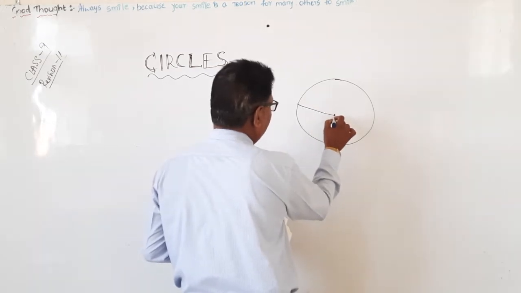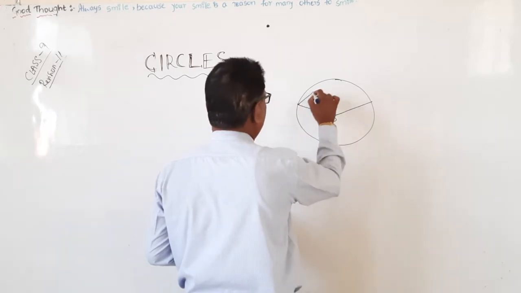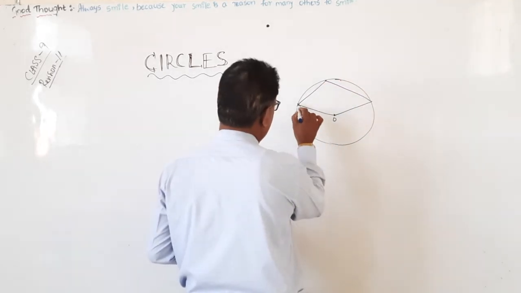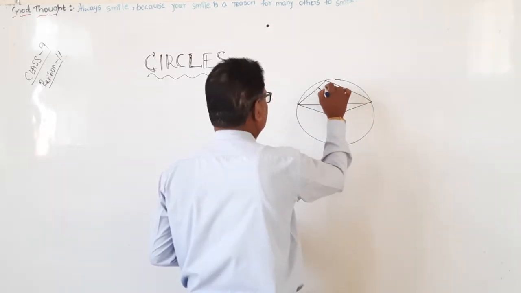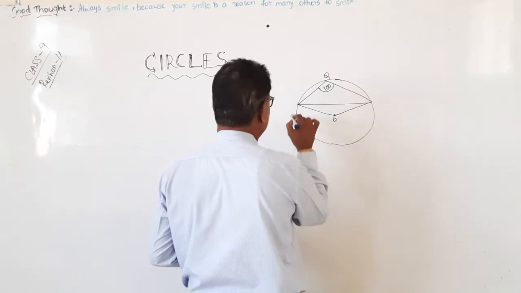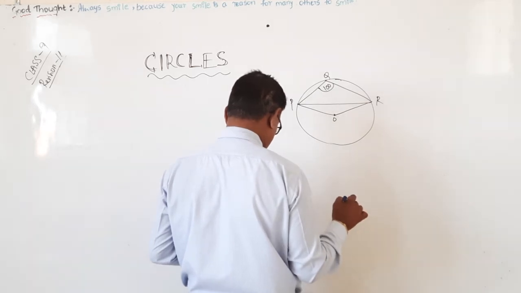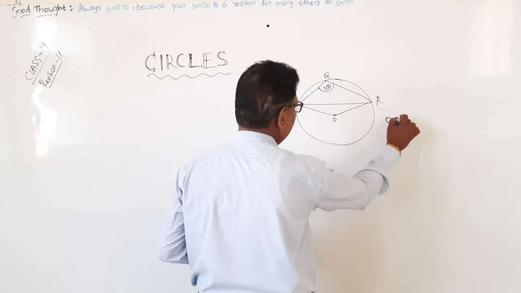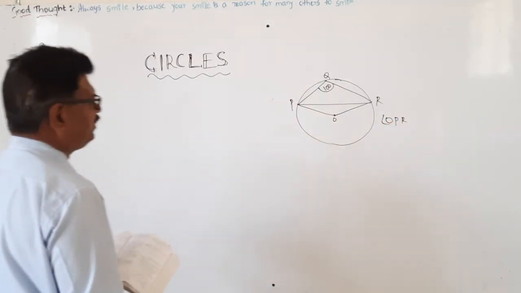O is the center. This is 100 degrees, PQR. Now find OPR. We should find out OPR.